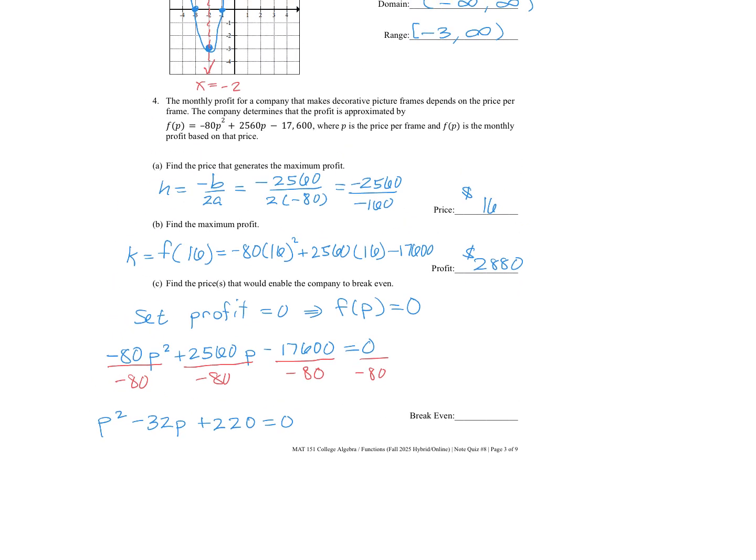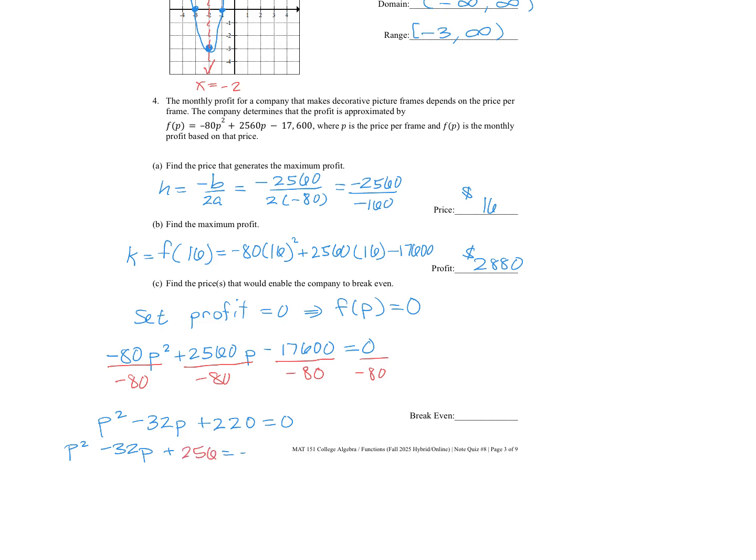And then from here, we can either use the quadratic formula or completing the square. Again, for review, let's go ahead and complete the square. So that's really a P squared minus 32P. And then we're going to take half of 32, which is 16, and square it. So we're going to add a 256 to both sides.